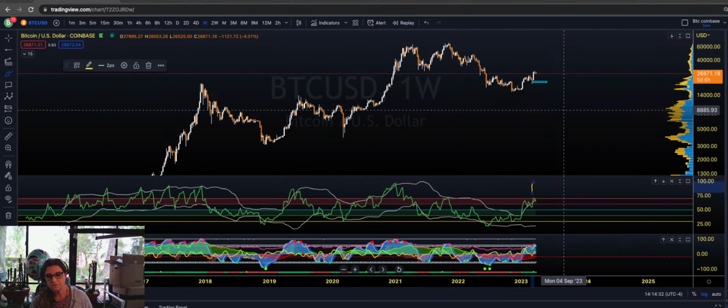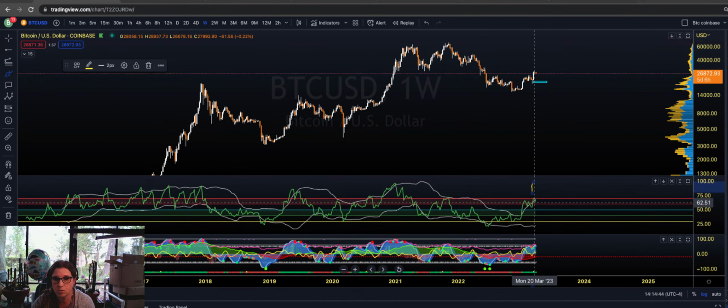So if anyone out there is saying that they're 100% sure that we're going back on a bull run, you can't say that right now. We cannot say that until we see the weekly push above 70 and at least pull back to 50 or 40 and hold and then push again above 70.